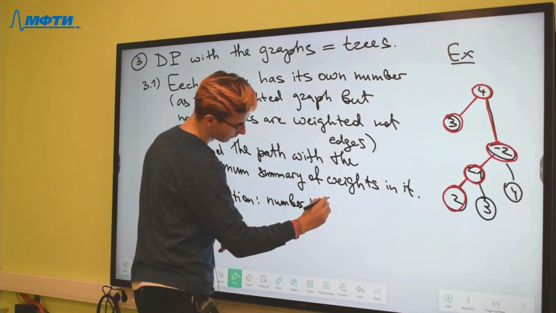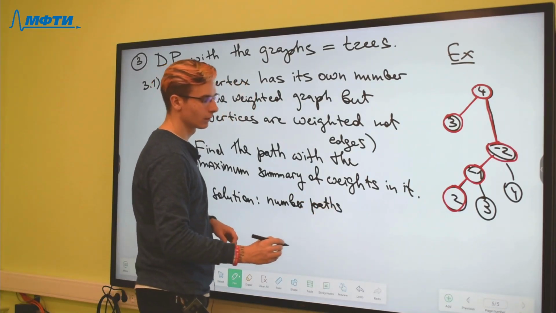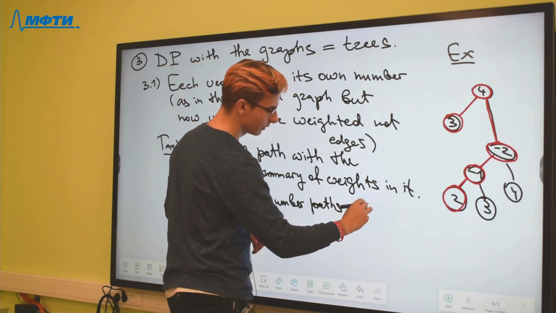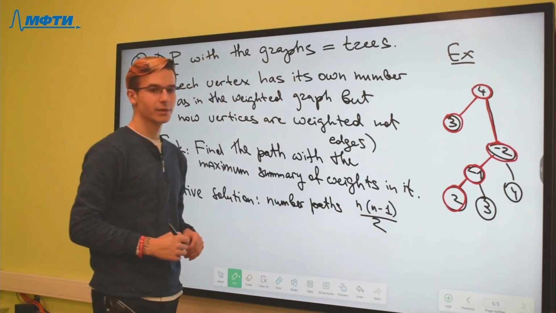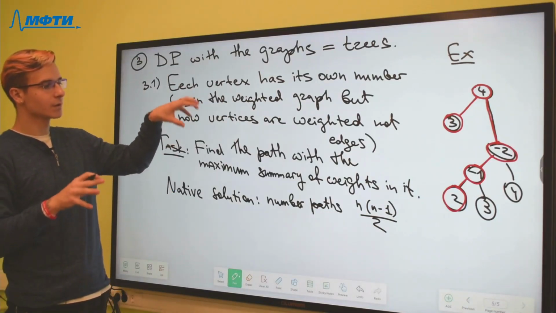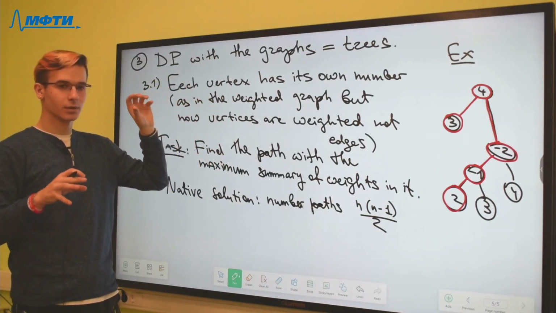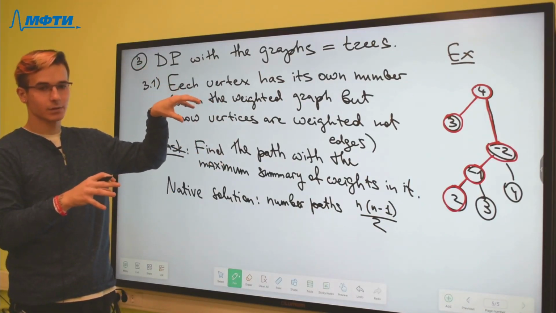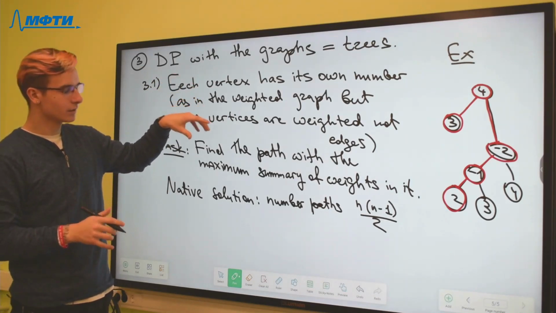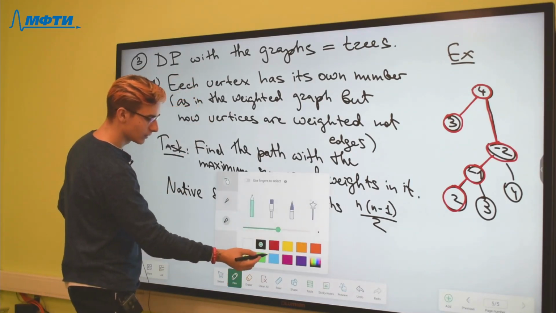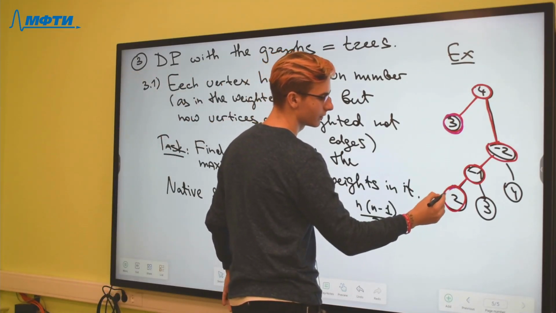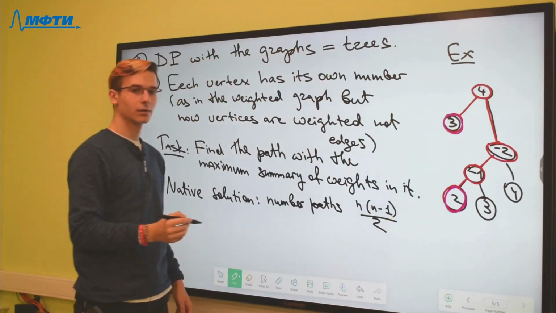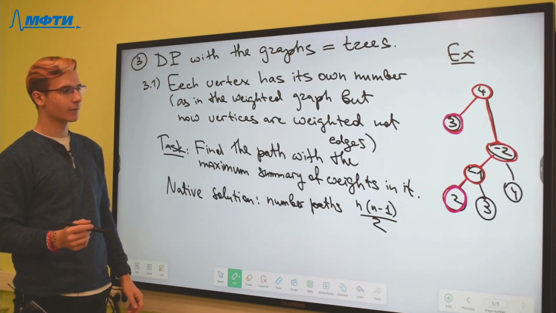No. It's something else. N times (n minus 1) divided by 2, because we can choose two distinct vertices, and we know that we find only one way between these two vertices. This one and this one, for example.